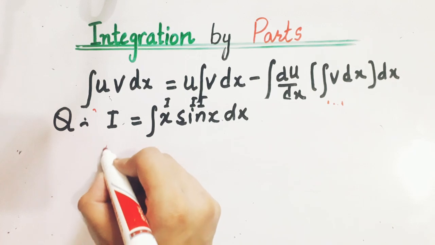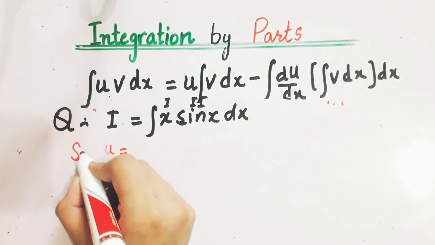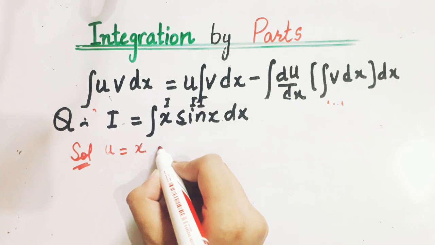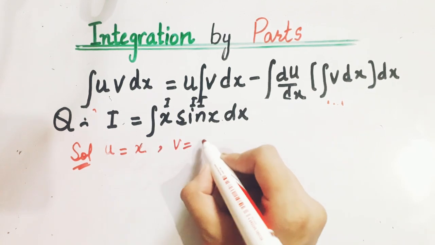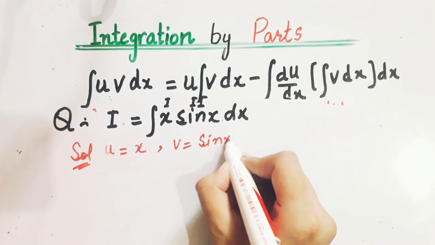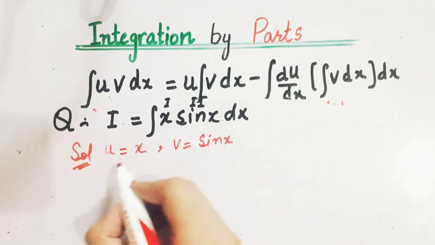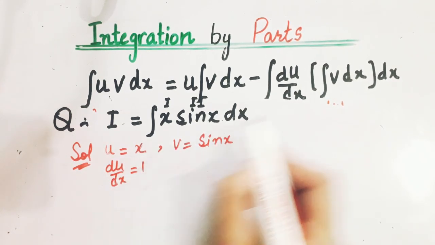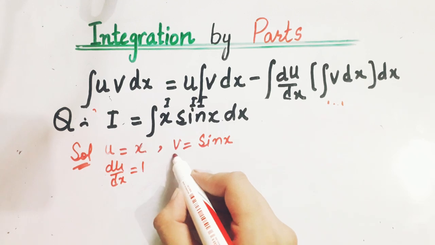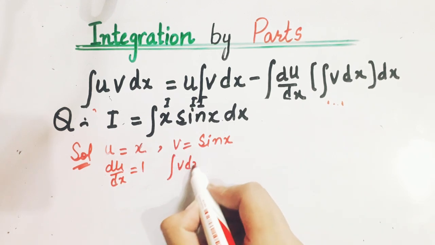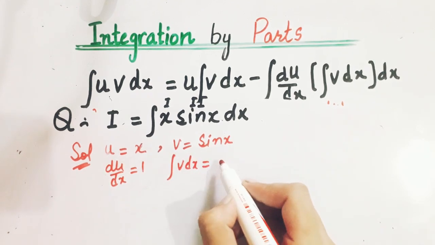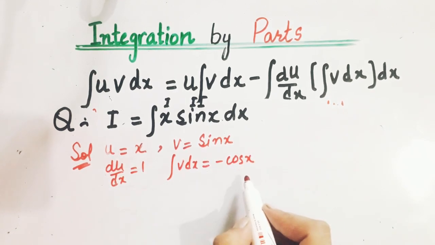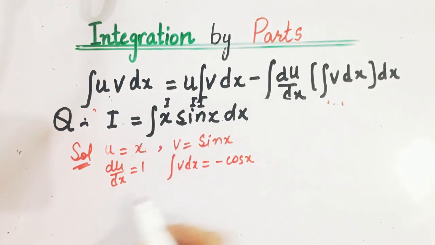So we will write u equals x and v equals sine of x. So we have to find du by dx, that equals 1, and we have to find the integral of v dx, that will be equal to minus cos of x. So substitute these values in this formula.